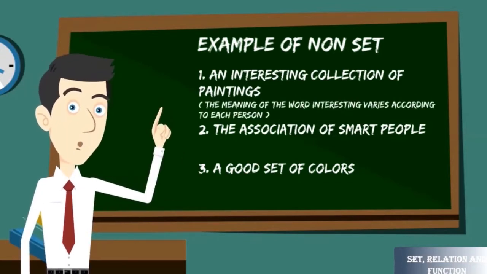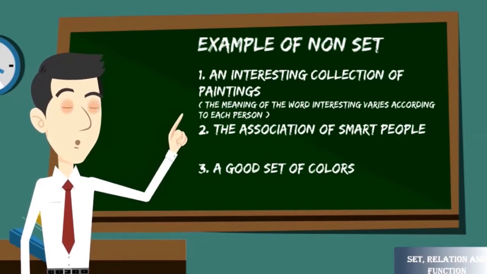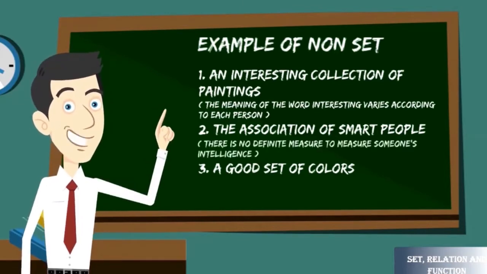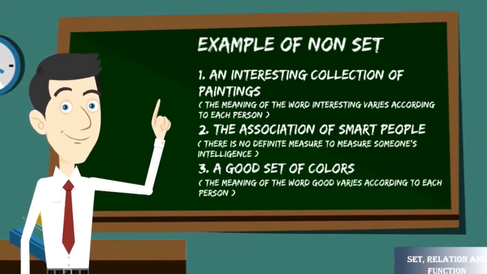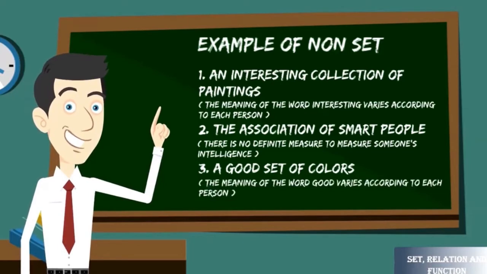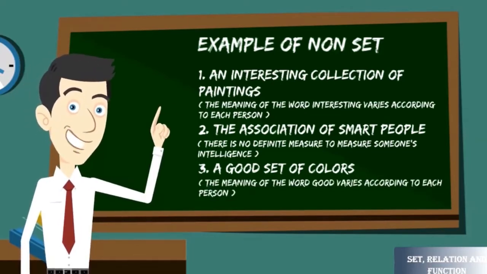And then the association of smart people is not set because there is no definite measure to measure someone's intelligence. And a good set of colors is not a set because the meaning of the word good is variety according to each person.